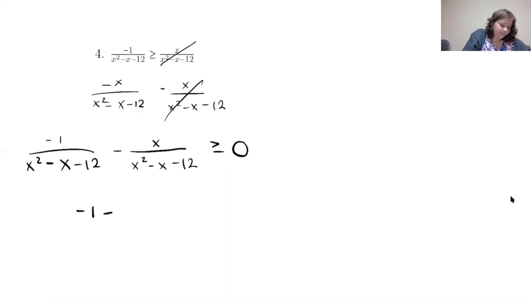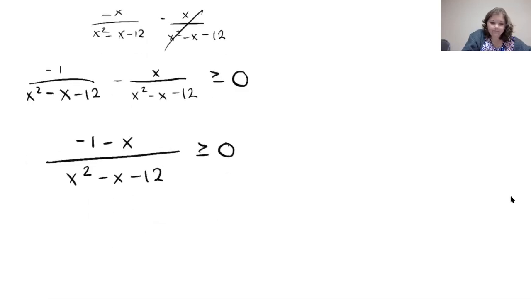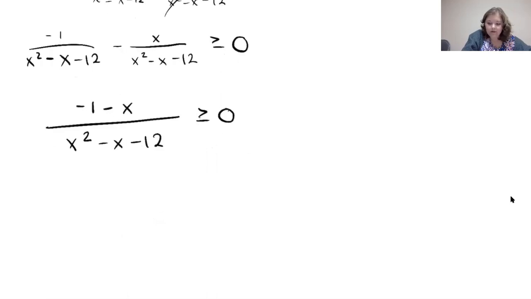So we'll do -1 minus x, and then on the bottom, x squared minus x minus 12 is greater than or equal to 0. And I'm going to go ahead and factor the bottom of that because it's going to be necessary for our calculations in the next few steps. So we're just going to go ahead and do that.